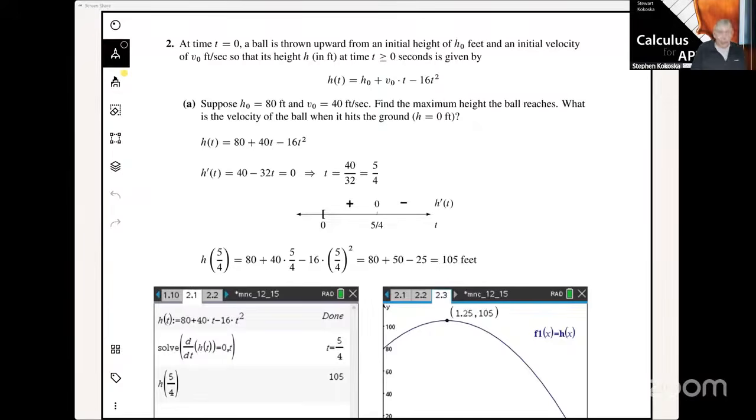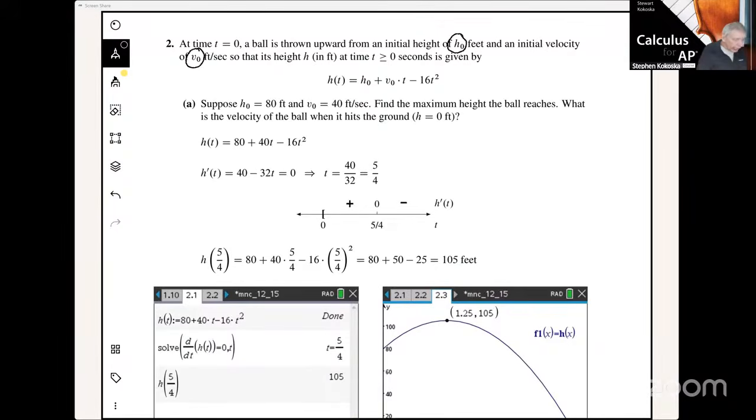There we go. So this is a very interesting problem also. This involves a ball being thrown upward at time t equals 0 from an initial height, a variable of h sub 0, measured in feet, and an initial velocity, another variable, v sub 0.